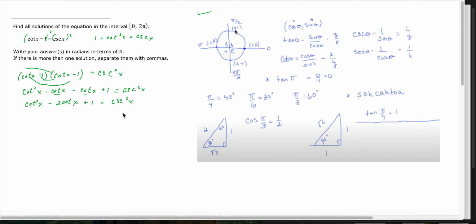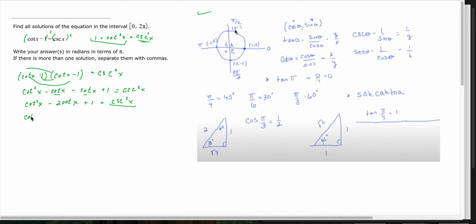So now that I'm dealing with the squared functions, I can replace cosecant squared x with 1 plus cotangent squared x. So I'm going to make that substitution. Instead of cosecant squared x here, I'm going to write 1 plus cotangent squared x.